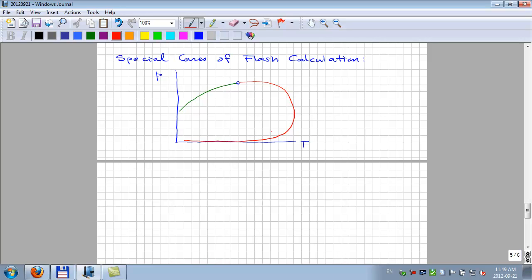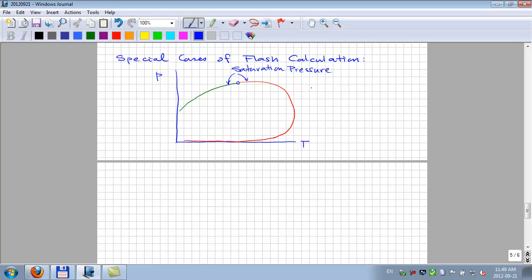So the special case I want to talk about is basically what's called a saturation pressure calculation instead of a flash calculation.